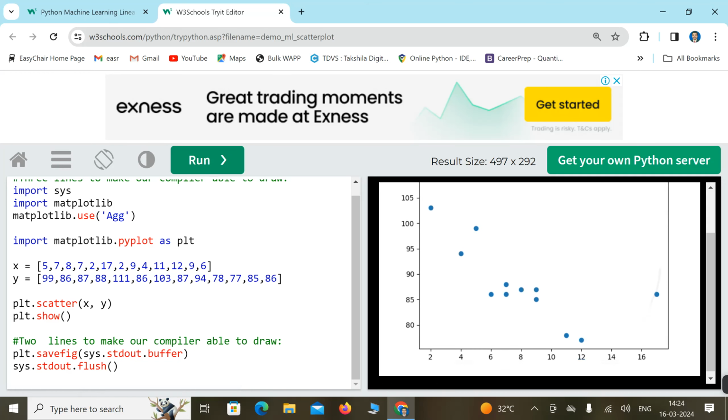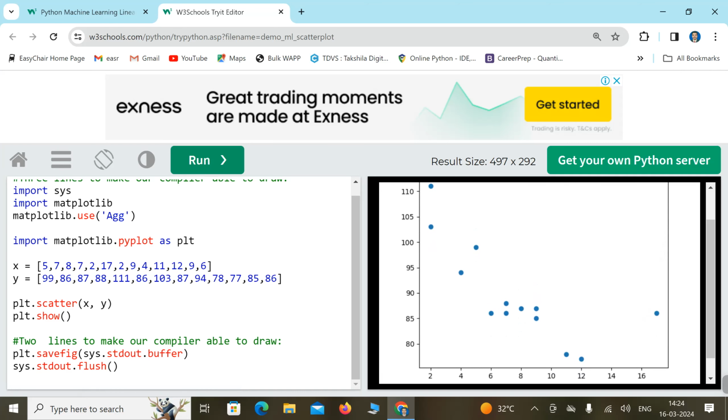You'll get a plot, and we can draw a line over here. It is satisfying. That means the data set containing x and y satisfies linear regression.